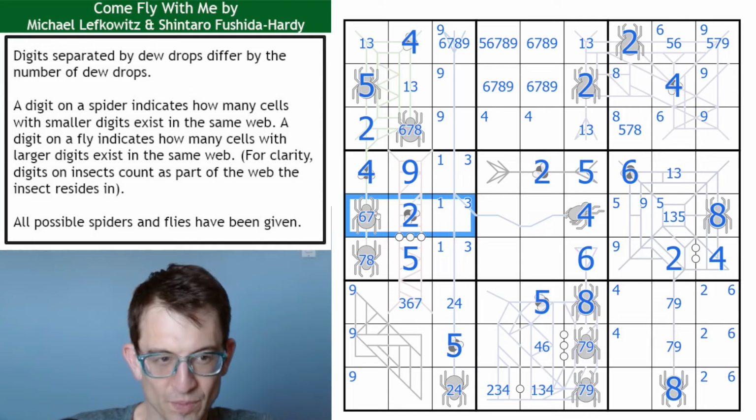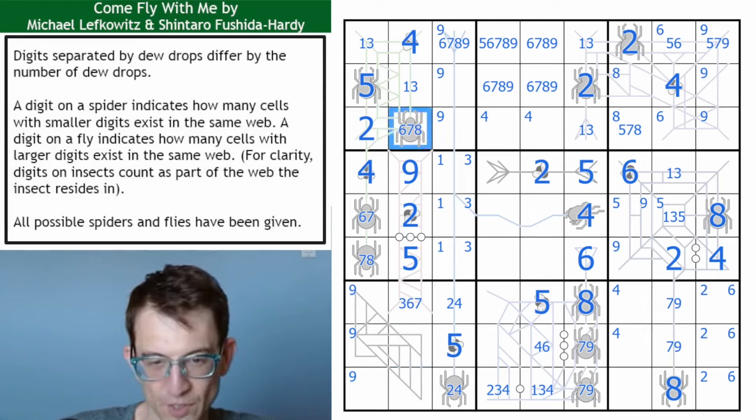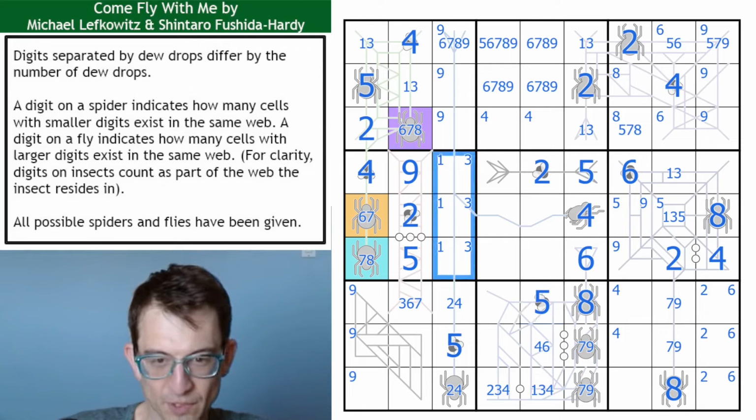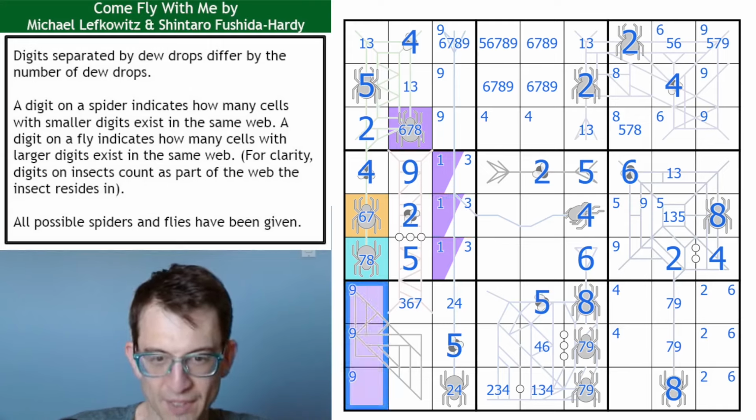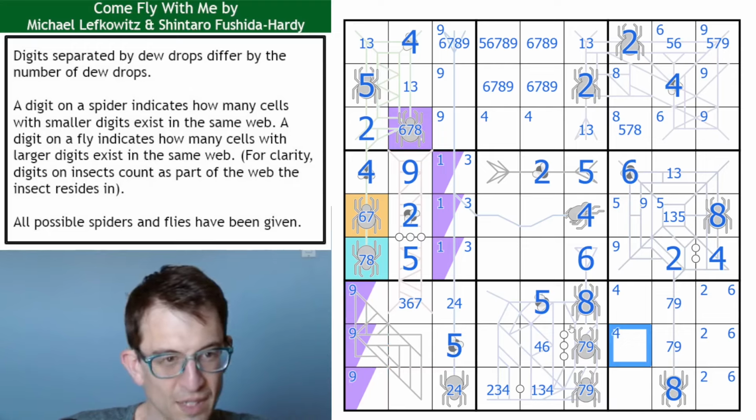It tells me this digit is over here, is over here. So let's do some coloring. Let's call this one purple, this one orange, and this one blue. Purple's got to be, so this is a 1-3 purple triple. This is a 9 blue orange triple. Purple's in here with 9. Blue and orange are over here, and therefore over here.